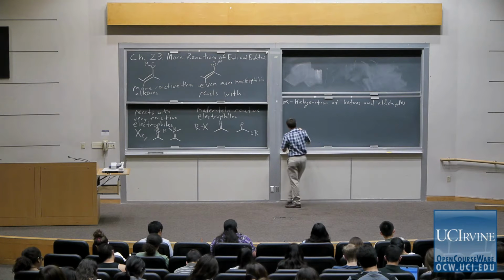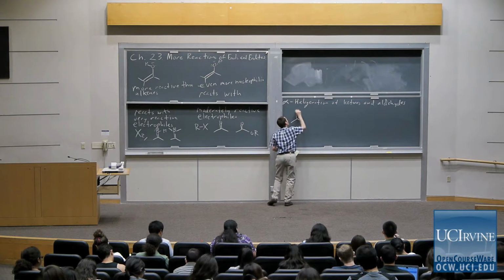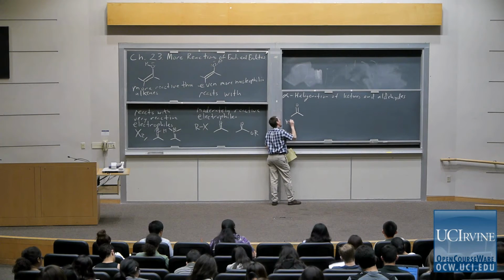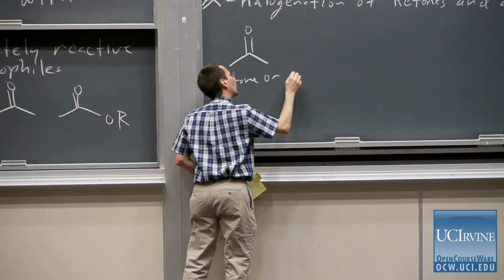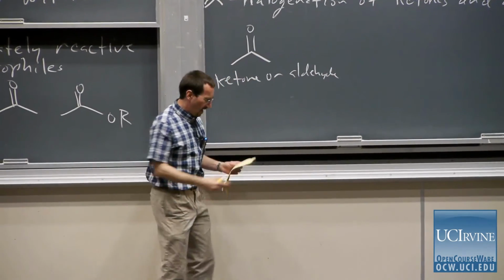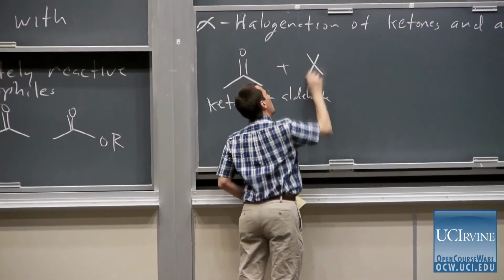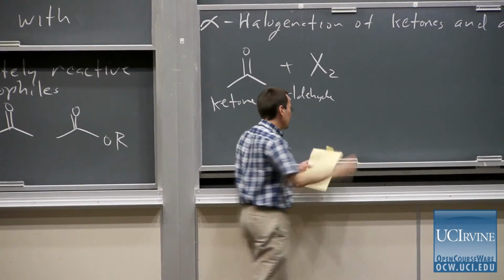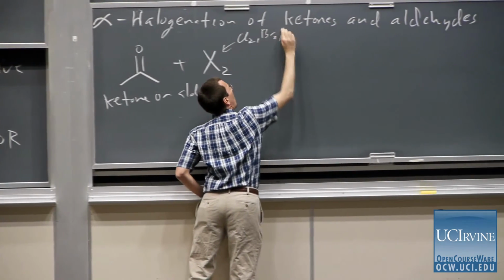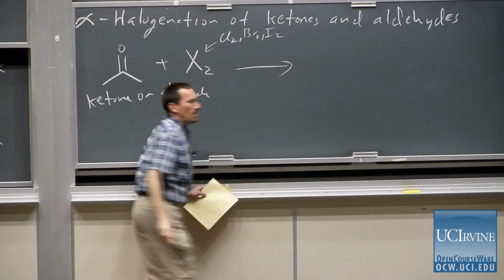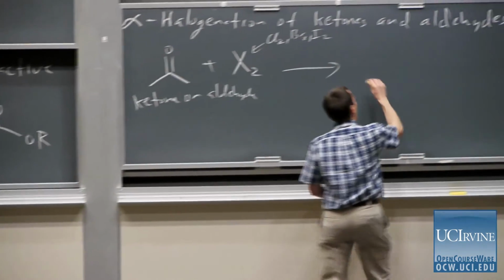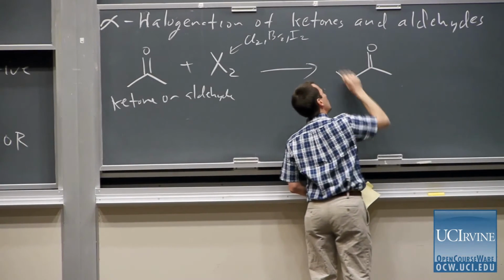And so in a very generic equation, if I have some sort of ketone or aldehyde, obviously with alpha protons, and we treat it with some halogen, and as I said before, we're really talking chlorine, bromine, or iodine, with fluorine sort of being in a special class of its own in reactivity, you react to get an alpha haloketone or aldehyde.